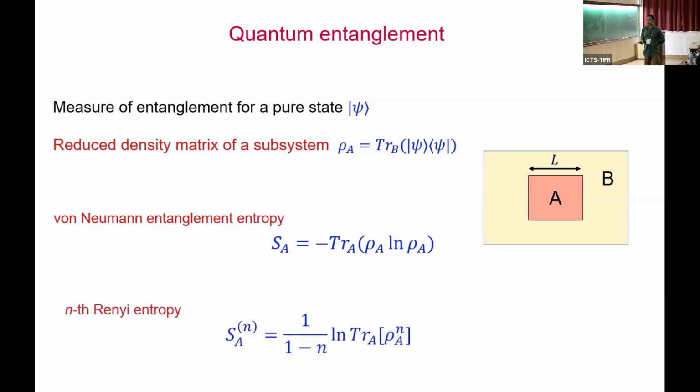So what we use are the subsystem Renyi entropies, which you can calculate for integer n, and then try to take the limit n goes to 1, which gives you the von Neumann entropy. That's the strategy one follows in this type of calculation, and of course in CFTs there are beautiful formulas that one can analytically continue to n going to 1, and you get the result for von Neumann entropy.